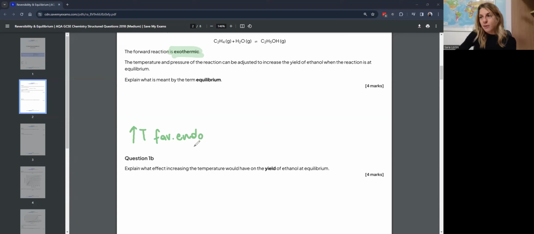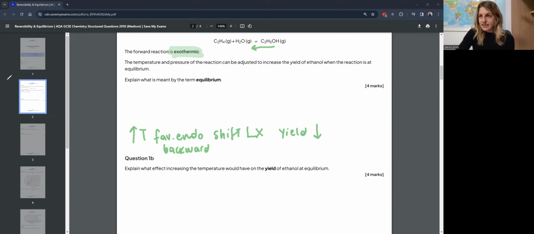Forward exothermic, backward endothermic. So the equilibrium will shift to the left because, remember, the endothermic is the backward. Shifted to the left, away from the product, and because it asks for the yield of the product, we know that the yield decreases.